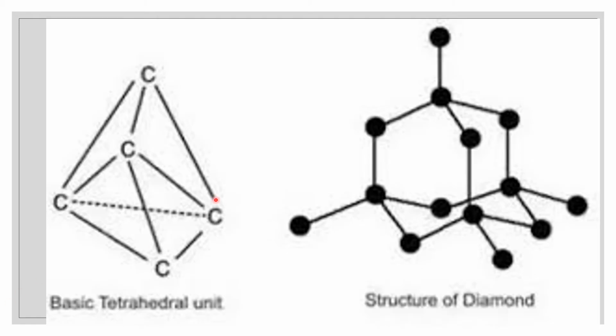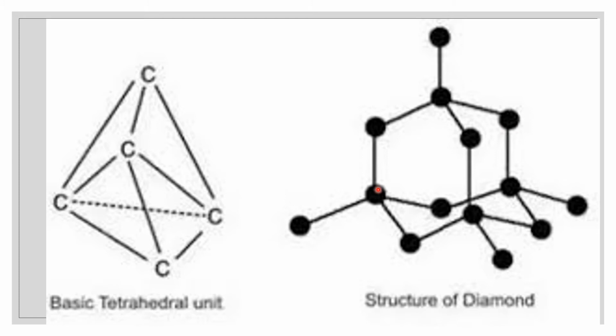Here you can see this is the carbon at the center, and this is the tetrahedral unit. This carbon in the center is attached to 4 more carbon atoms present in the corners of the regular tetrahedron. See here, this is the repetitive three-dimensional structure. This carbon is the center carbon attached to 4 more carbon atoms.